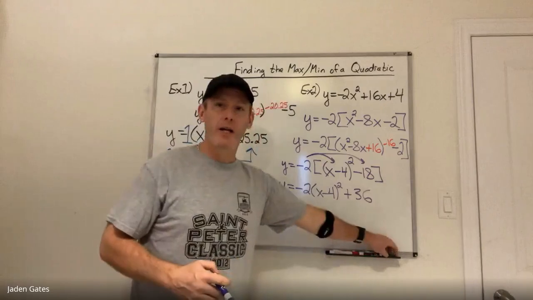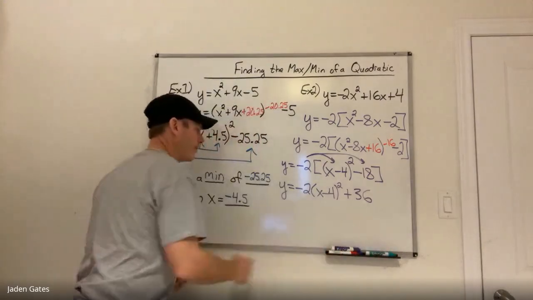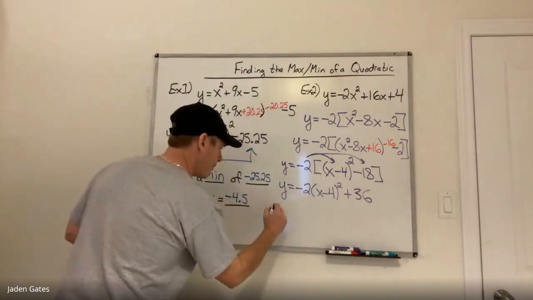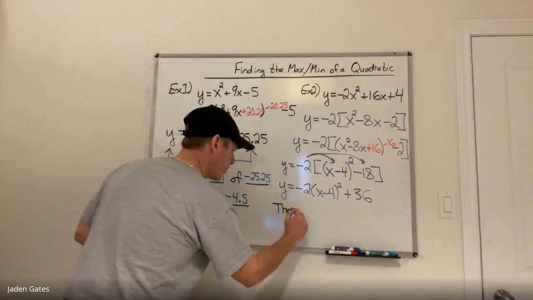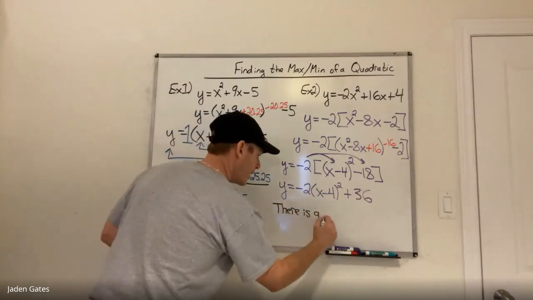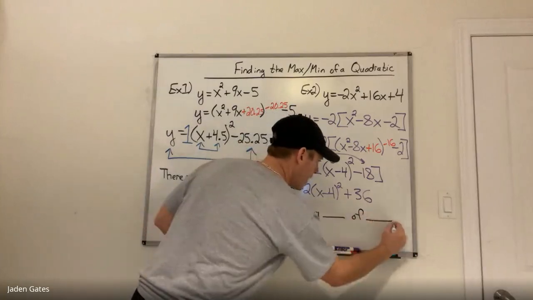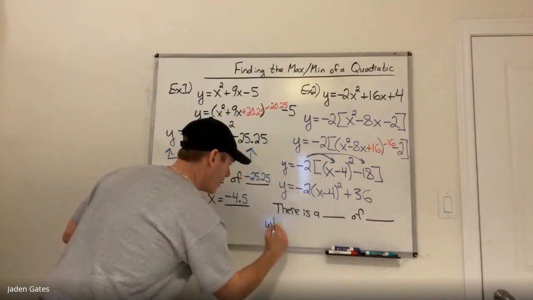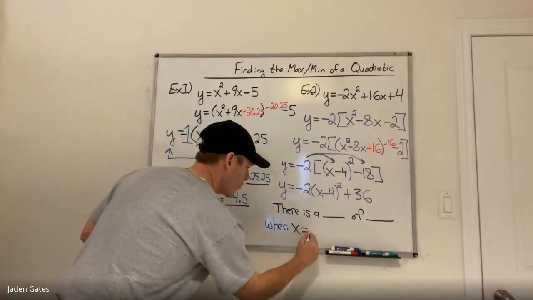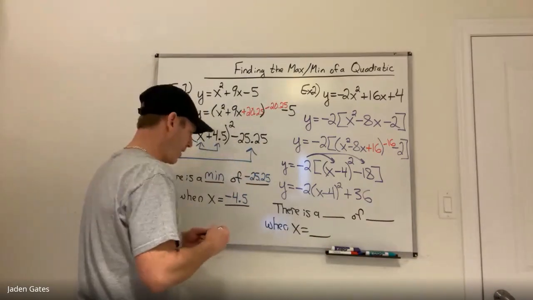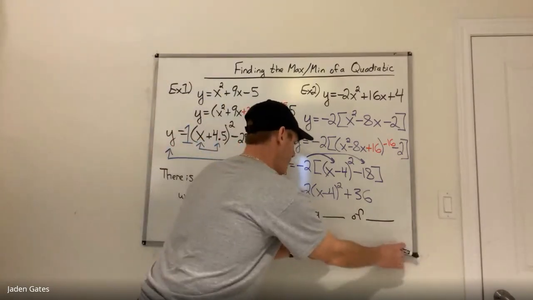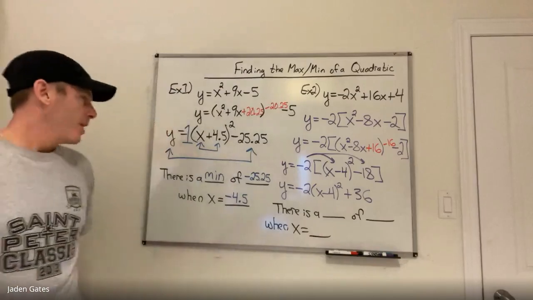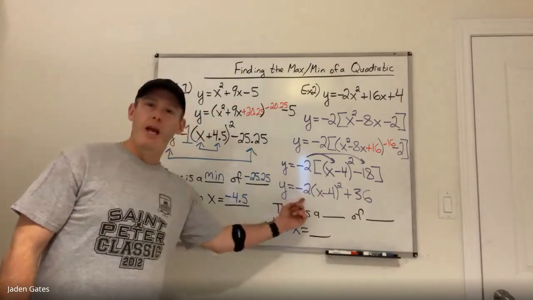So now I can complete my sentence, right? There is a blank when x equals blank. Time to fill in the blanks. All right. So again, I look at my a value.